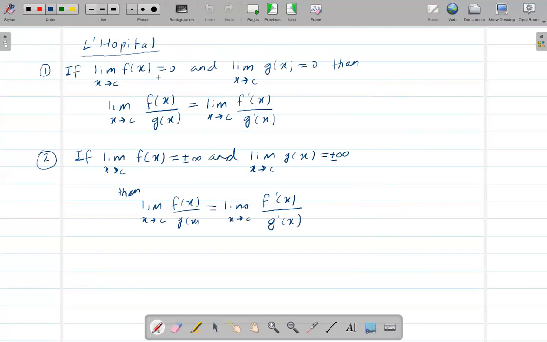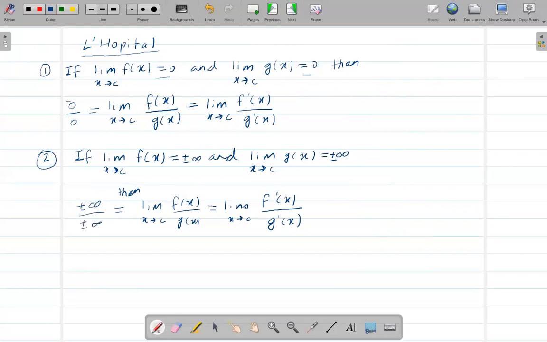So if you get 0 divided by 0, like I said here, if f of x is 0 and g of x is 0, then this will be 0 over 0. And it could be either positive or negative 0 on the top, or either positive or negative 0 on the bottom.